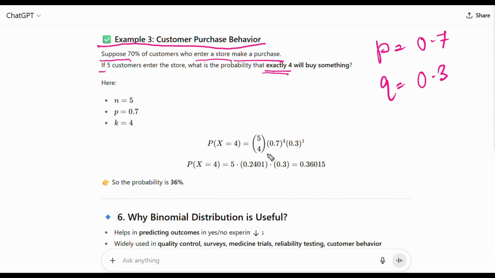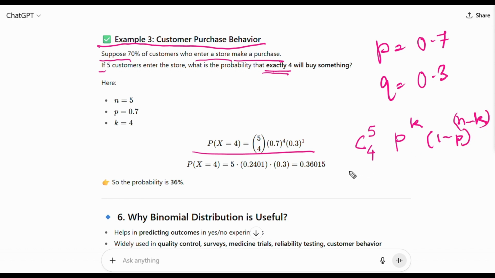Again we are putting this into the formula. Simply you can see C(5, 4), 0.7 to the power k, and (1 minus p) to the power n minus k.